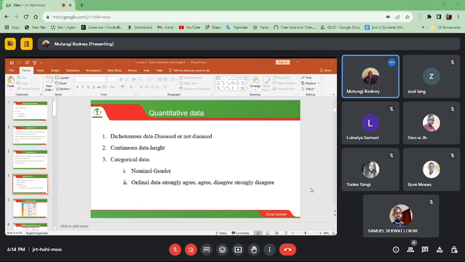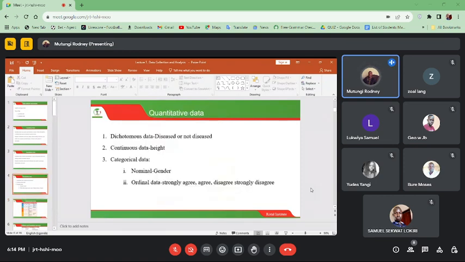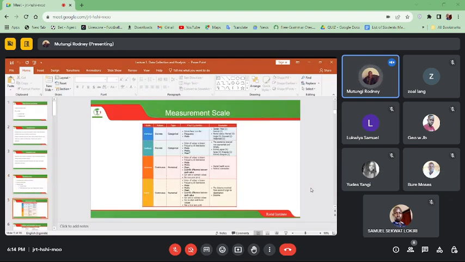Okay? And this table is just explaining what is in this slide, to explain more about what we find in nominal, which I told you about, and then ordinal, where you can have such questions as we have just discussed.